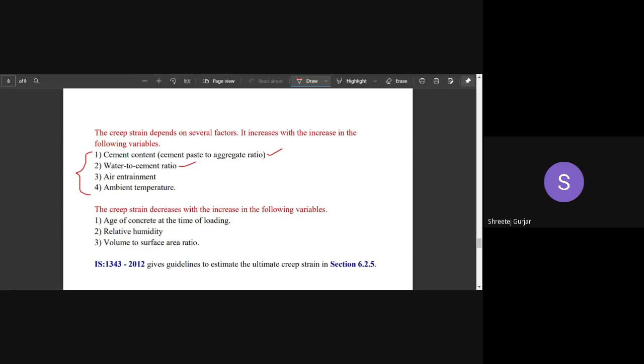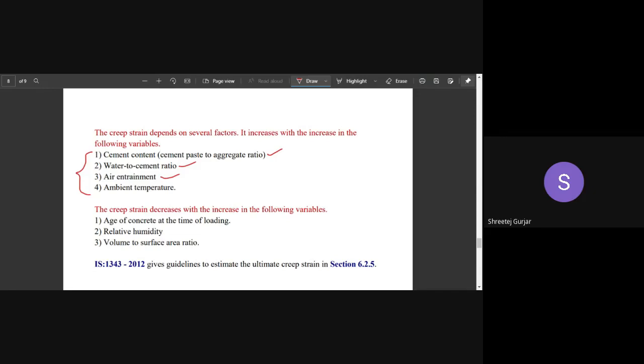So we need to keep our cement content to a minimum and also our water to cement ratio minimum. Then air entrainment. If there is more air entrainment, there is more creep strain. So we have to take care that the air entrainment is kept minimum, or we can completely avoid the air entrainment.